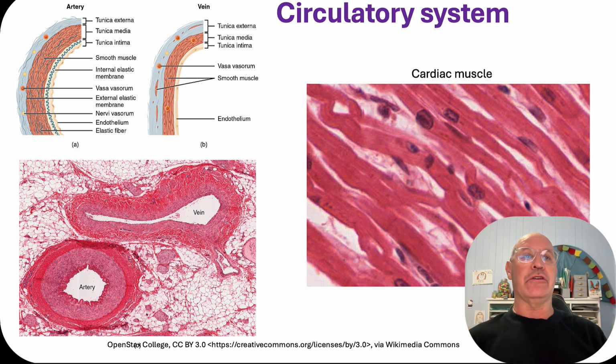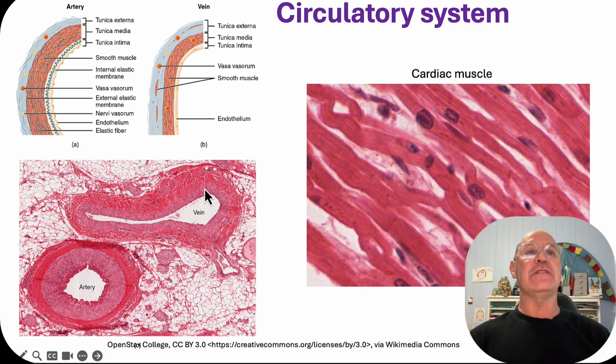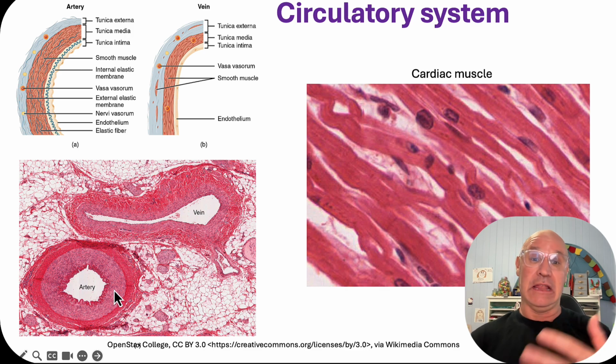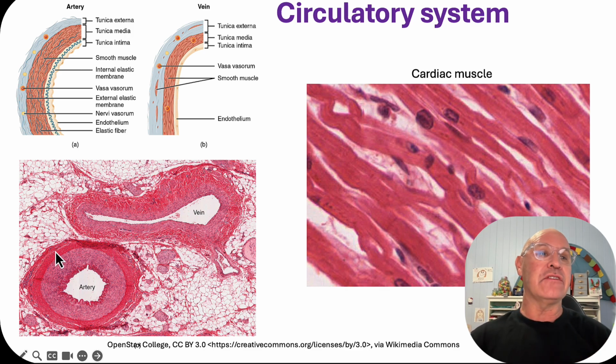In the circulatory system, there are 2 things I want you to have a look at here. First of all, we've got the arteries and the veins. We know that arteries are thicker because they have to withstand a larger pressure, and that thickness is largely this smooth muscle.